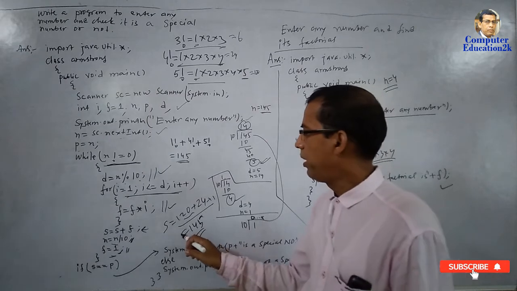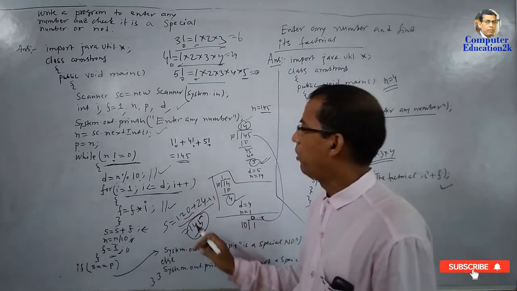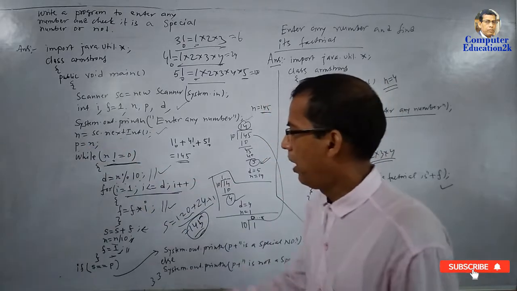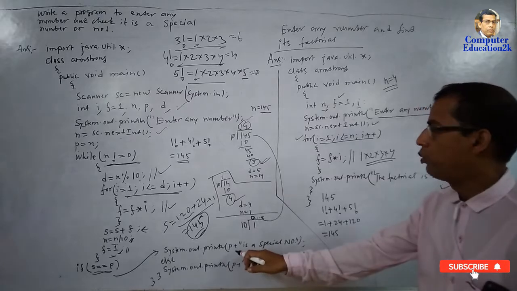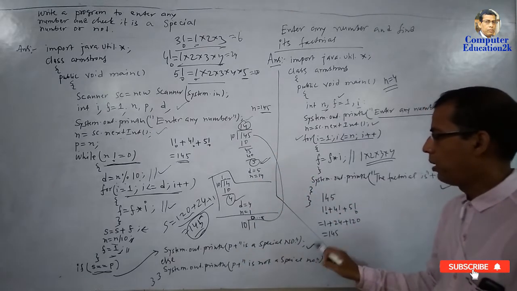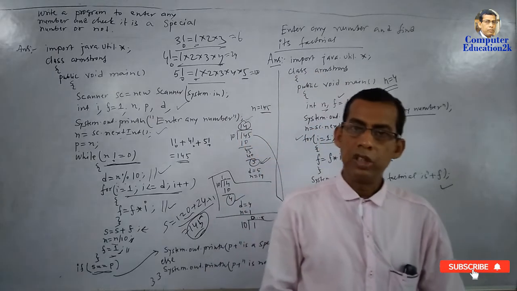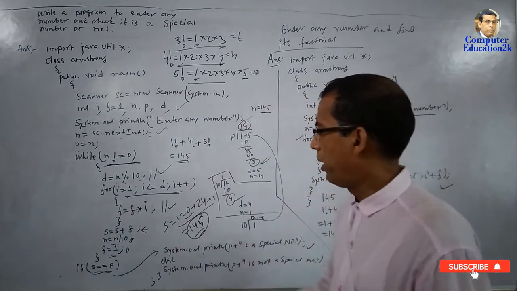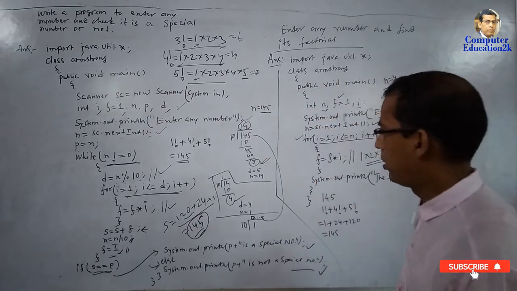So you can see S is becoming 145. You can see P is also 145. I am matching here. If S equals to P, computer will print P is 145. 145 is a special number. If you enter any other number which is not a special number, then computer will execute the else part and say that it is not a special number.